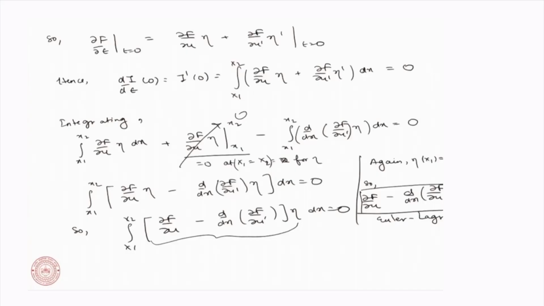With that differentiation, we got 3 terms, in which the second term became 0 because eta of x1 equals eta of x2 equals 0. The first and third terms remained, and we combined them together. Now, since eta is 0 at x1 and x2, the term multiplied with eta within the integrand needs to be 0 within the domain of x1 and x2. Okay. With that clarity in mind, we can come to our string problem.